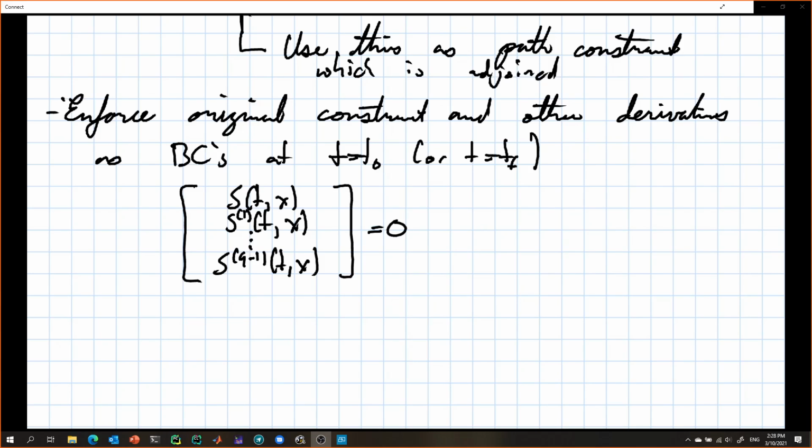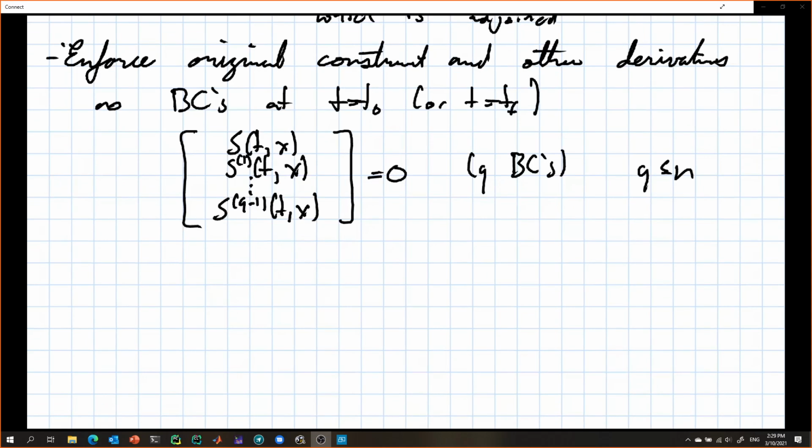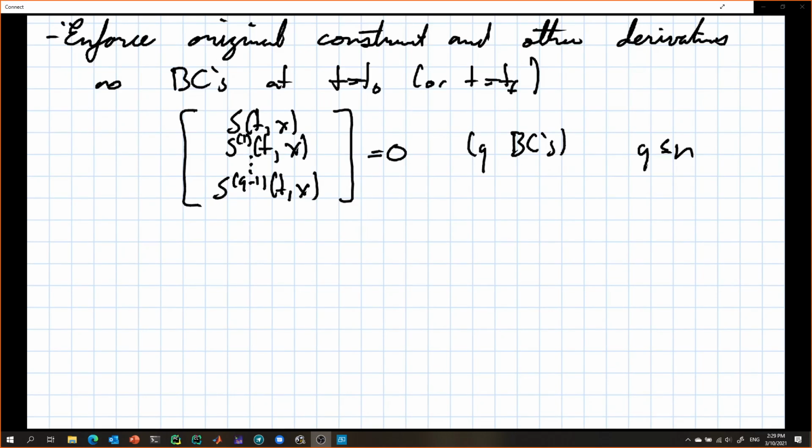These are all equal to 0. So then we have q additional boundary conditions. And this is all based on the assumption that q is less than or equal to n. You would have problems if you have more boundary conditions than states, but that's not really going to be the case, at least as far as I know.